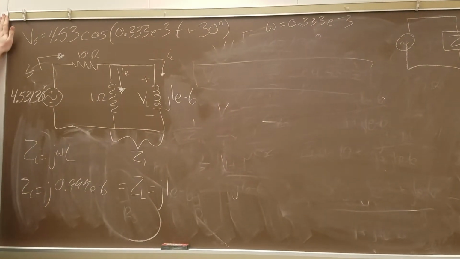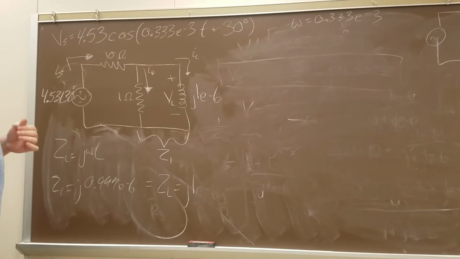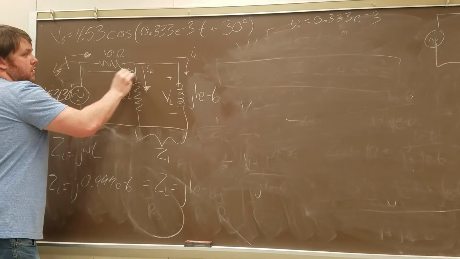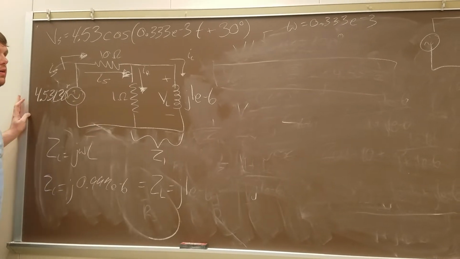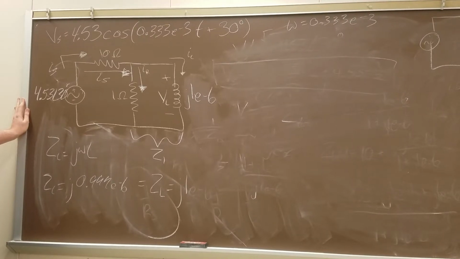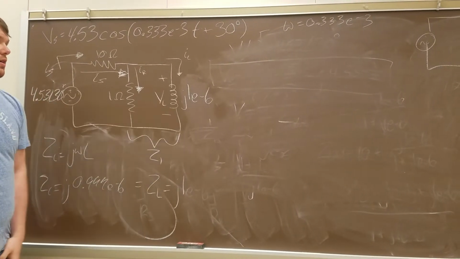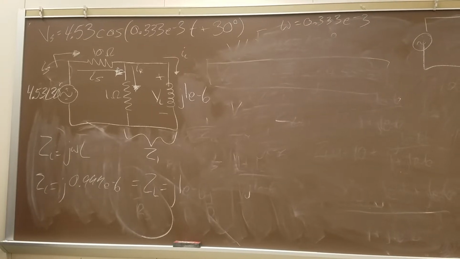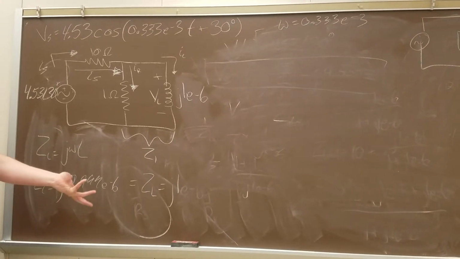Okay, it's one simple step that should be easy to get to. Okay, now what I found is the current coming in. Right, now this has become a simple current divider, where the current gets divided up between a 1 ohm resistor and a 1 ohm something, or a device that is 1e negative 6 times j ohms.